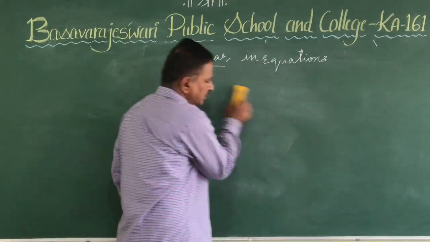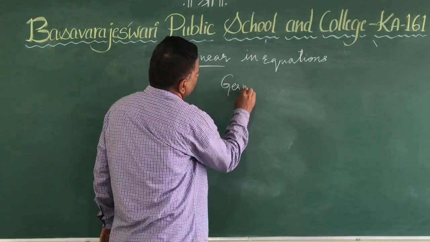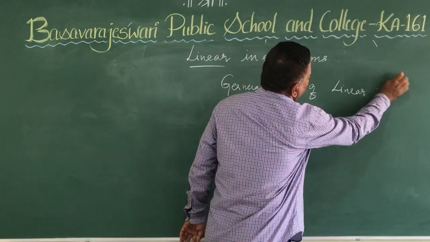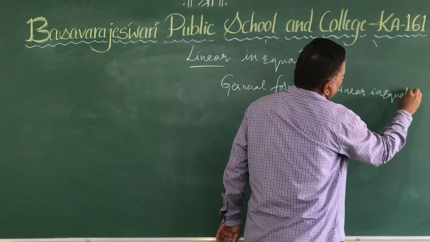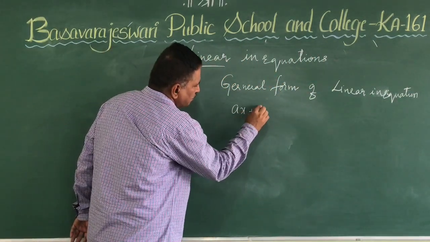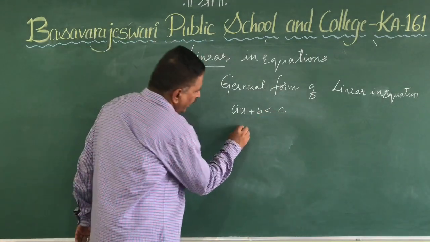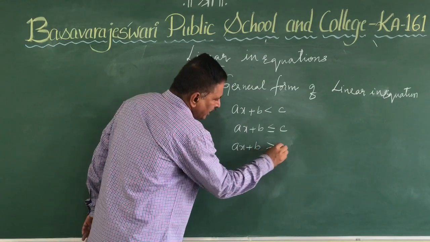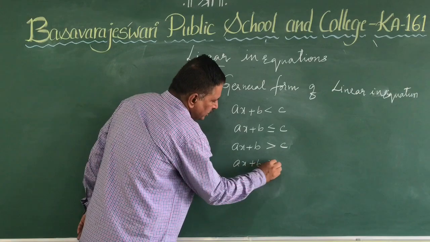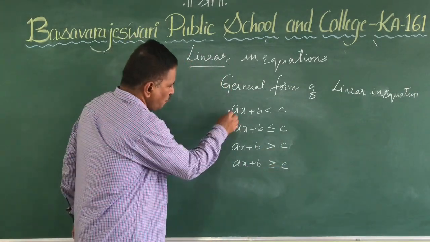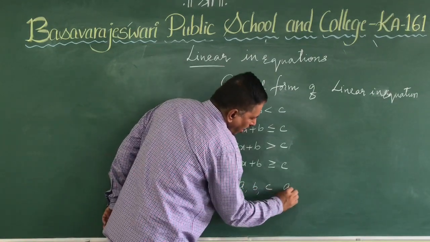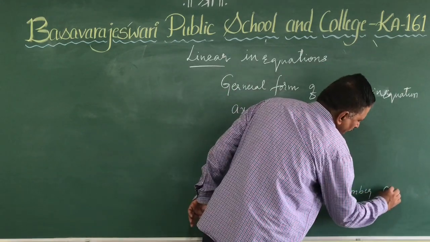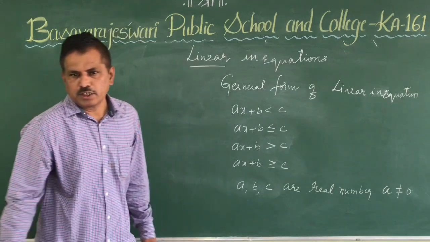The general form of linear inequation can be written as ax plus b is smaller than c, ax plus b is smaller than or equal to c, ax plus b is greater than c, or ax plus b is greater than or equal to c, where a, b, c are real numbers and a is not equal to 0.